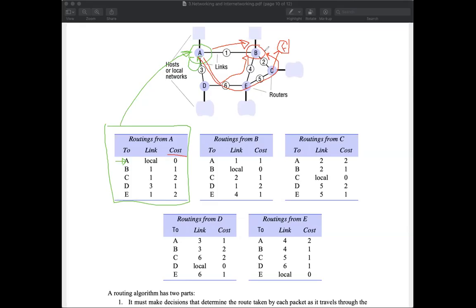So that's the idea, right? There can be multiple connections or multiple paths to deliver that packet from router A to router B.